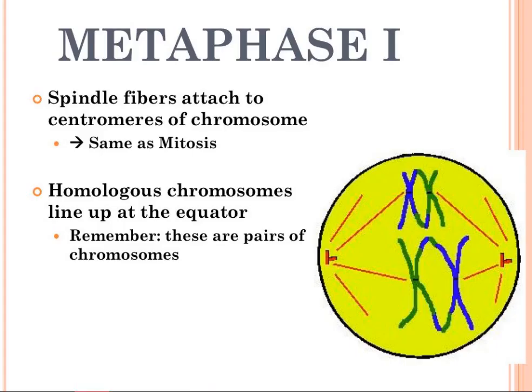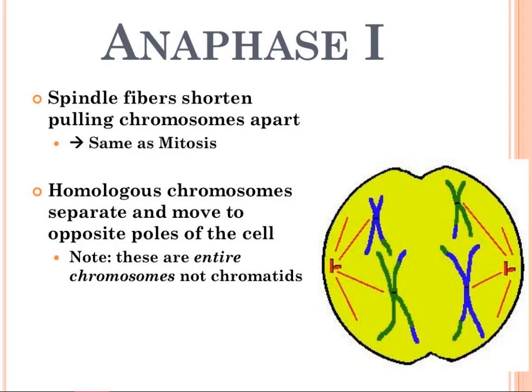So next you have metaphase 1. Once again, the spindle fibers attach to the centromeres, but that's really all that's the same, because now they're lining up in their pairs of chromosomes. They're not lining up individually. So as you can guess, in anaphase 1, when the spindle fibers shorten, which once again is the same as mitosis, they're pulling apart the pairs.